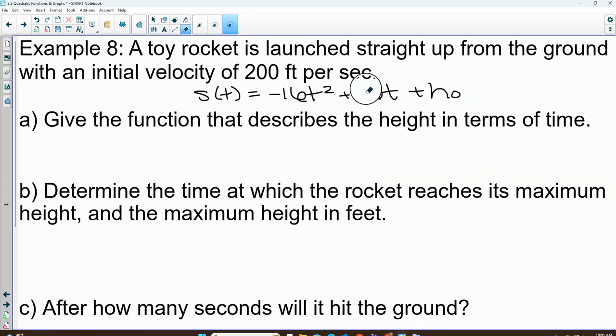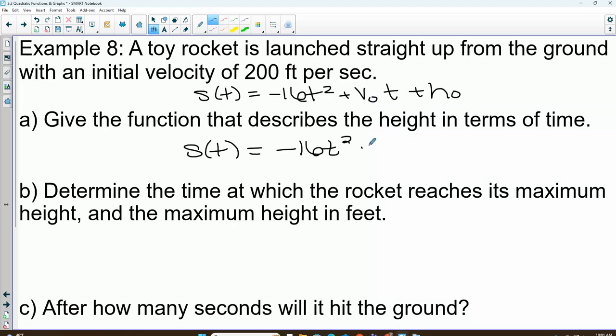So my formula is negative 16t squared plus v sub 0t plus h sub 0. What is my v sub 0, initial velocity? 200 feet per second. What is my beginning height? 0. So do I even need that? No.